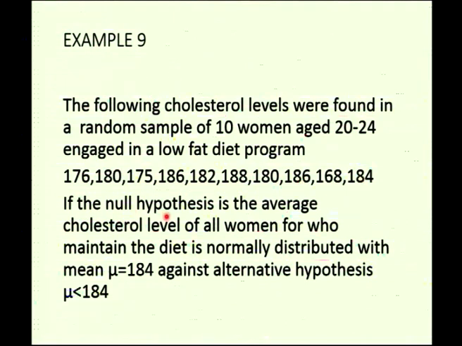The null hypothesis is that the average cholesterol level of all women who maintain the diet is normally distributed with mean, for all means we have to take the population mean, mu equal to 184, against the alternative hypothesis mu less than 184.